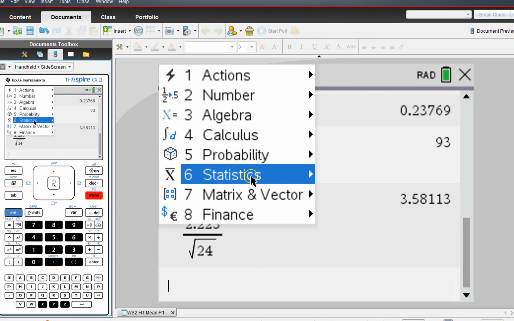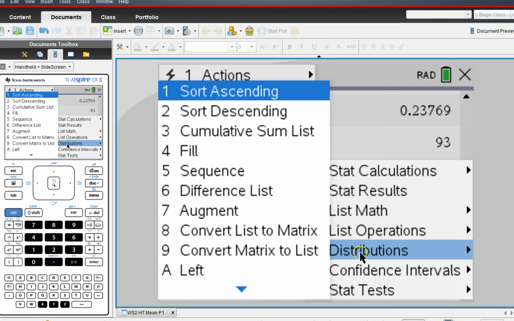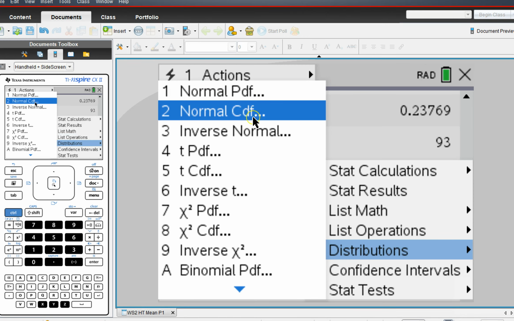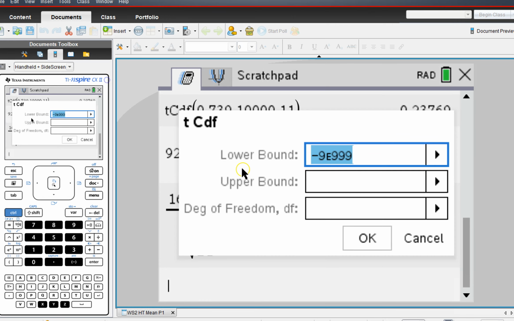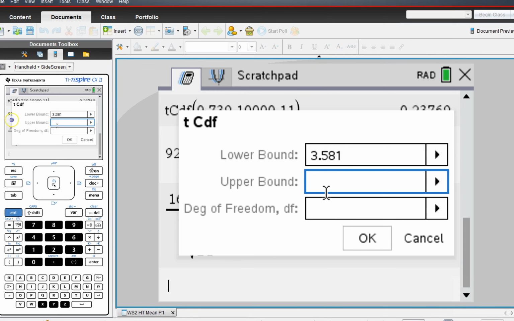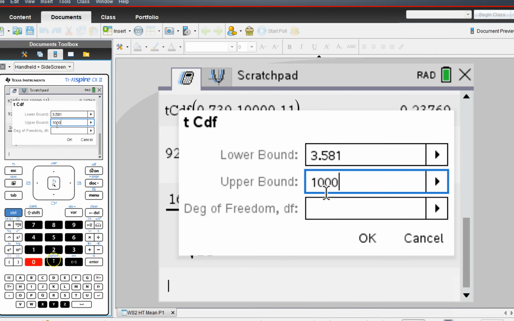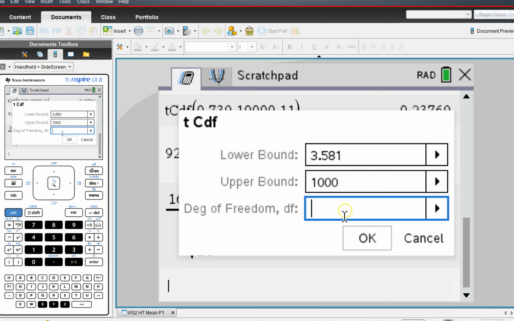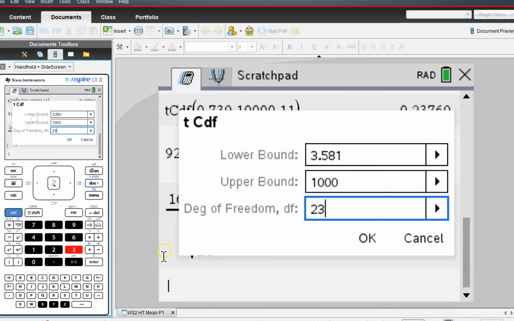Menu, stat, distribution, and then TCDF, and our lower bound is 3.581, and for positive infinity we just type a big number right here, and then our degree of freedom is 23.